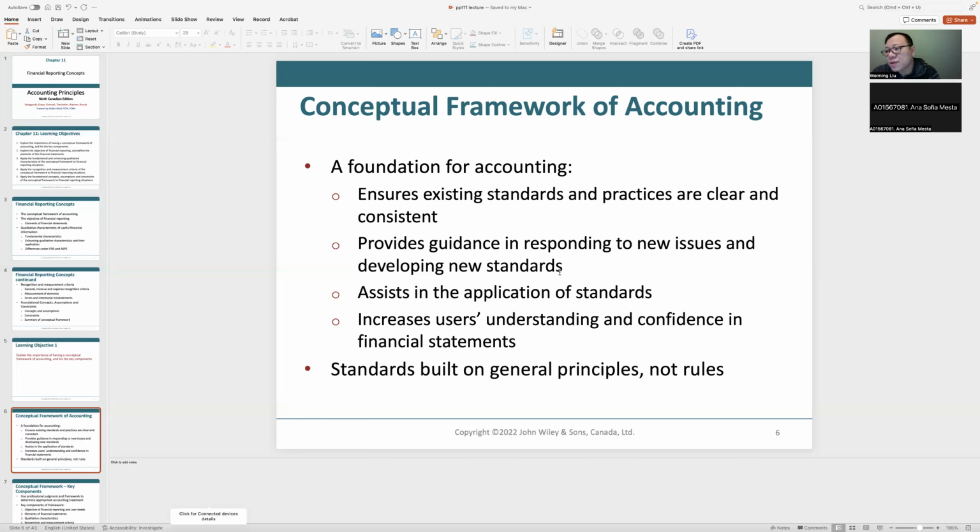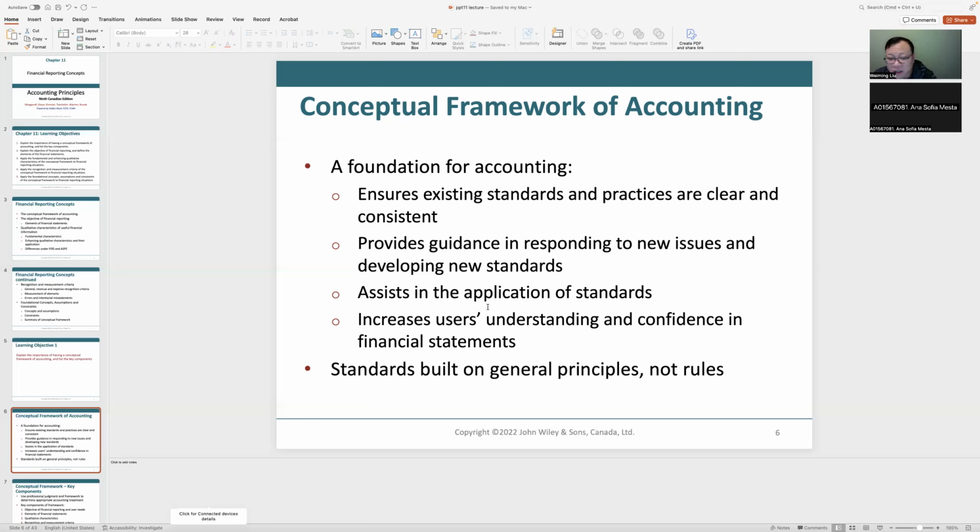So this is a new issue. What are the implications on the accounting side? How should accountants treat cryptocurrency, how to do the valuation, all those types of things.